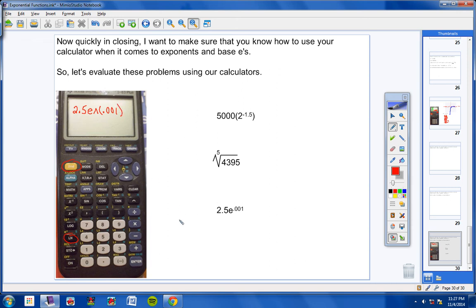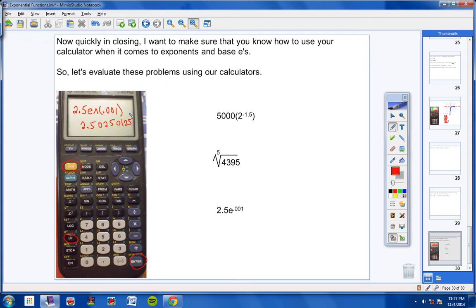And then hit enter. Now let me quickly type that into my calculator. 2.5 e to the 0.001 power, enter, and I'm getting this right here. 2.5025, 0125, okay? So, hopefully you're getting those correct, okay?